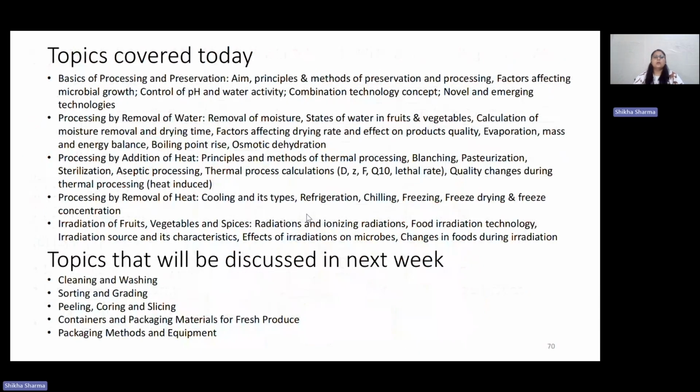Okay, so today we discussed how we can process and preserve food products. We discussed the different principles and methods of preservation and processing, and the different factors affecting the growth of microorganisms, like pH, water activity and redox potential.